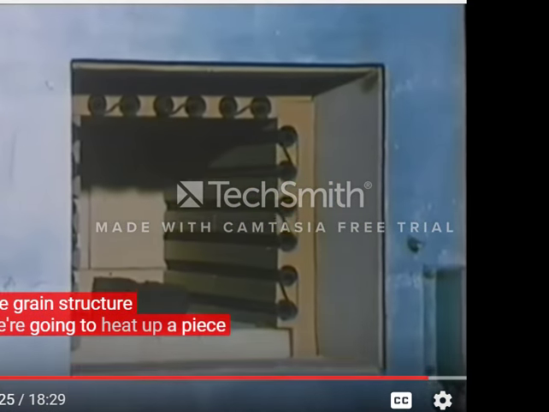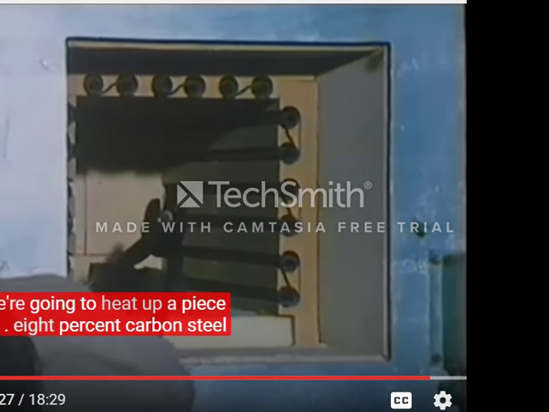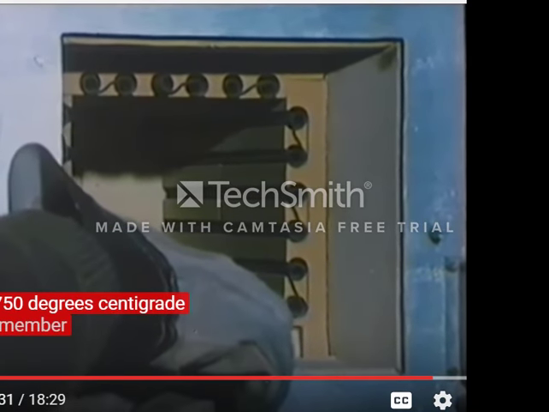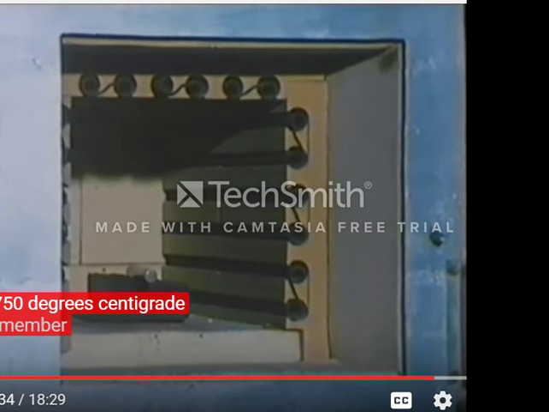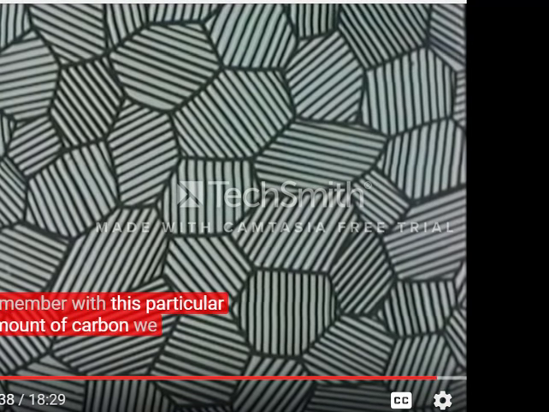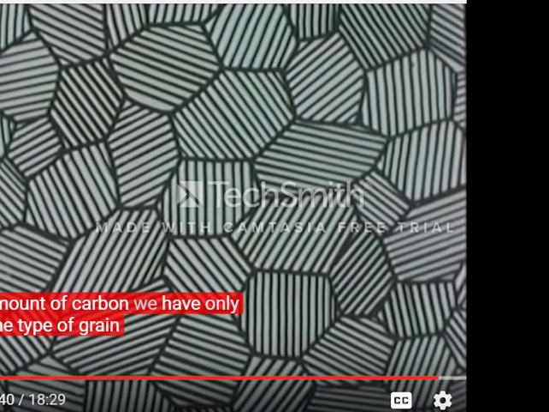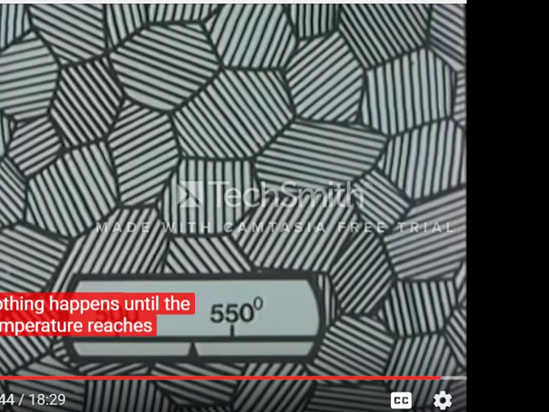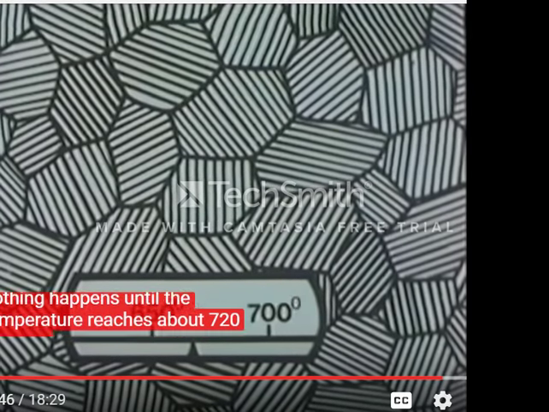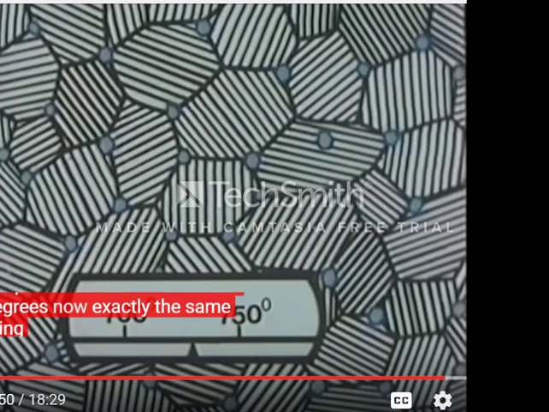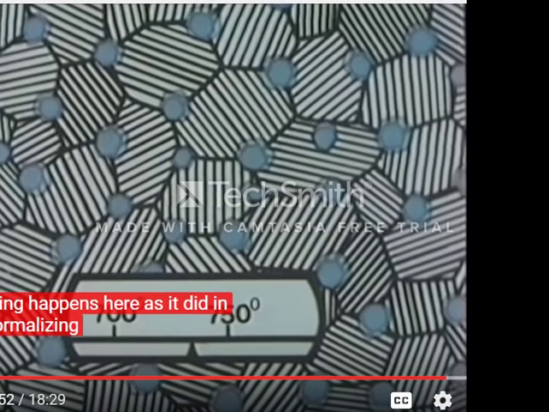We're going to heat up a piece of 0.8% carbon steel to 750 degrees centigrade. Remember, with this particular amount of carbon, we have only one type of grain. Nothing happens until the temperature reaches about 720 degrees. Now, exactly the same thing happens here as it did in normalizing.